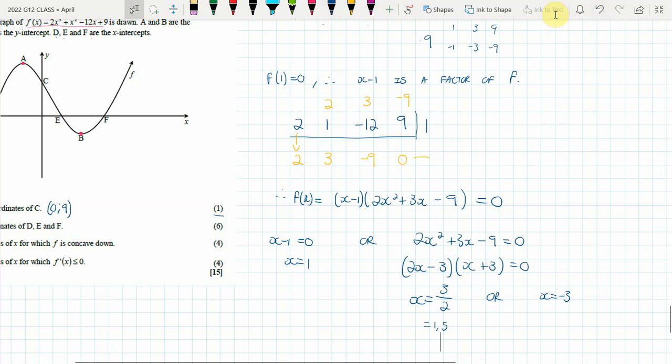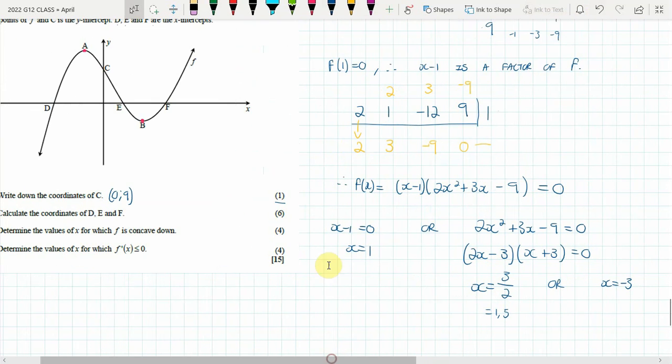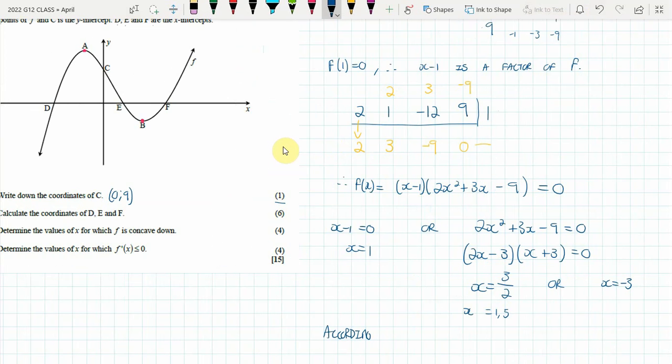So now, judging by the sketch, how can we order the values of x? Notice that according to the sketch, the x coordinate of D will be the smallest of the 3, and the x coordinate of E will be the one in the middle.